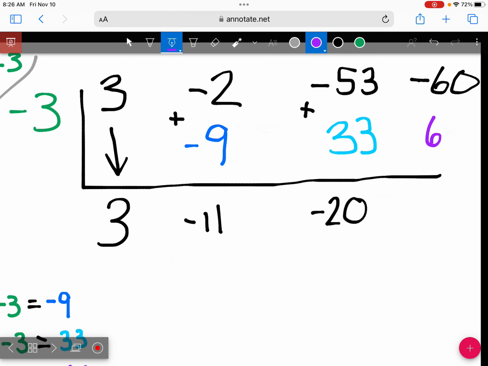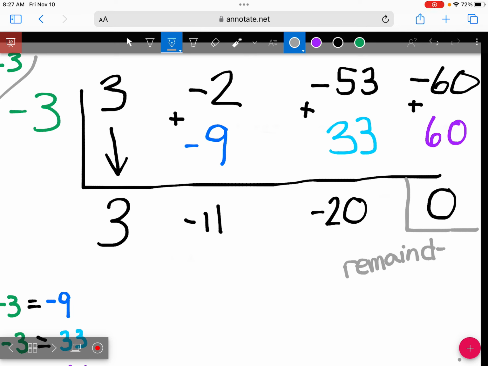Over here we get 60. And then again, we add them together, and we get 0. This last term is always our remainder, which for the most part is going to be 0. Not every time, but most of the time. Significantly more times than not.